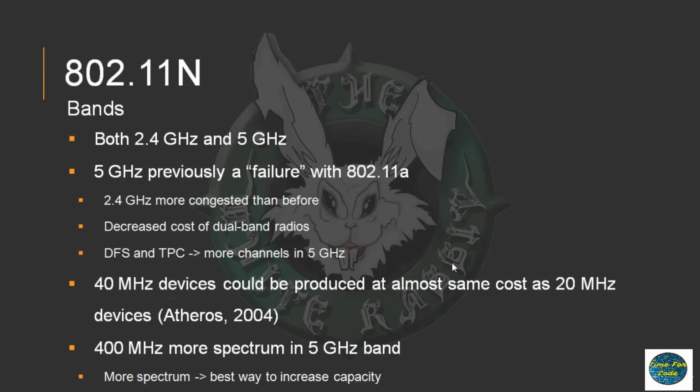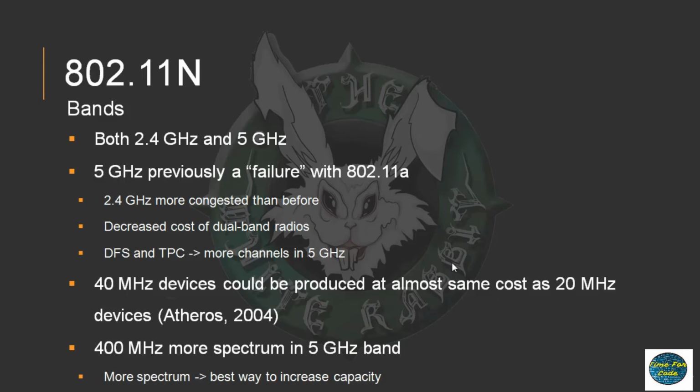At the same time, the cost of dual band radios was decreasing by the time we get to 802.11n. So having something that operates in both of these bands becomes more and more attractive. Additional features like DFS and TPC as well. This opens up more channels in the 5 gigahertz band. DFS is dynamic frequency selection.